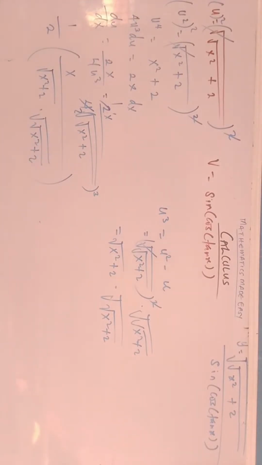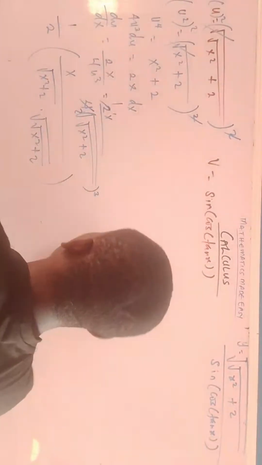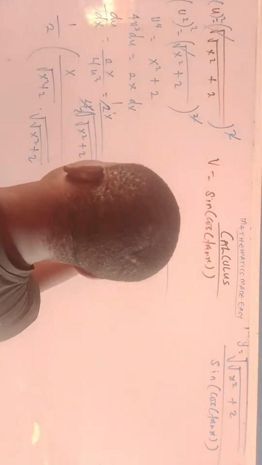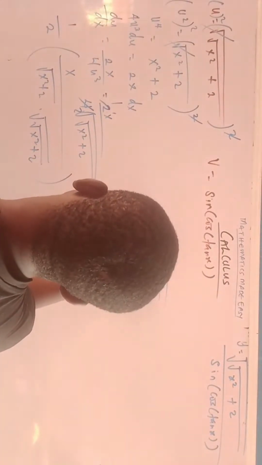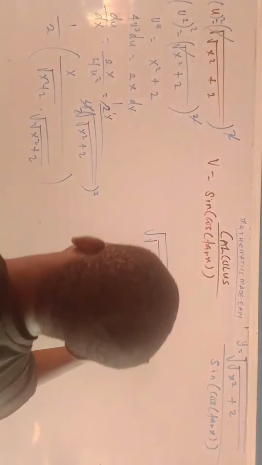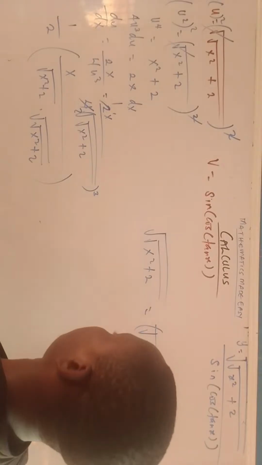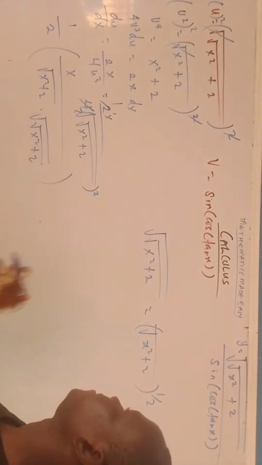Now, I think we can still simplify this further. Can we still simplify this further? Remember, the square root of x squared plus 2 can also be written as x squared plus 2 raised to the power of 1 over 2. That's the law of indices.